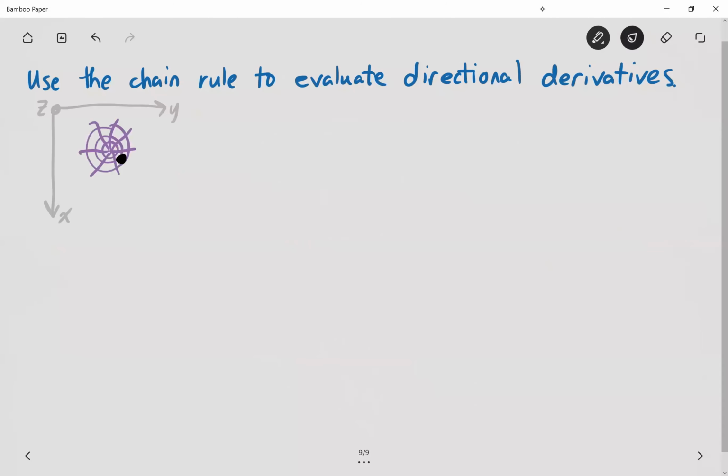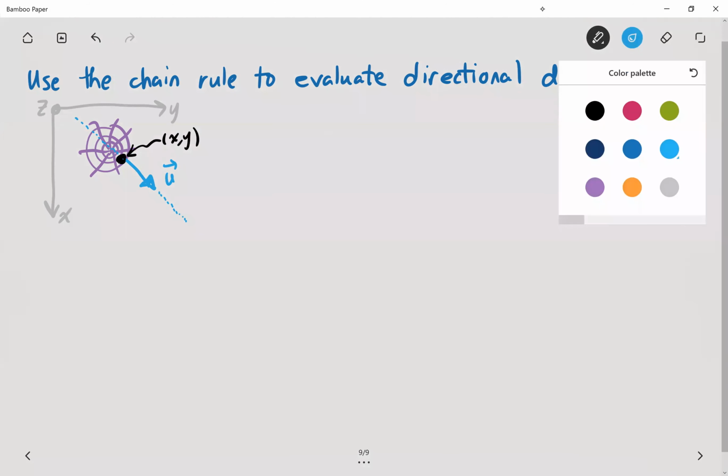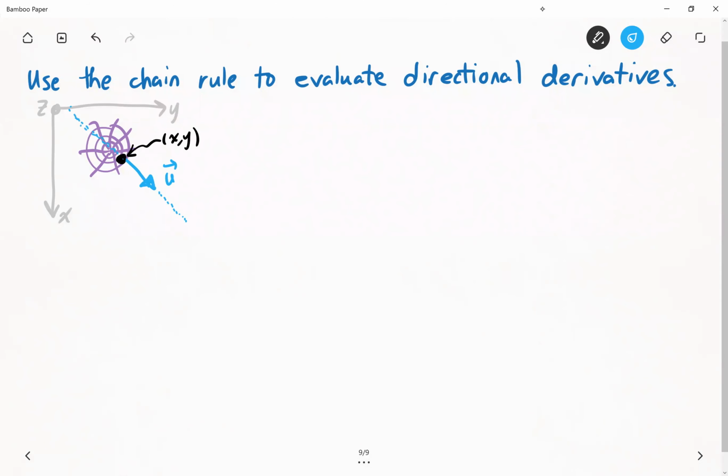All right, so starting at this point, right, we're traveling along this vector, along the vector u. We can also think of that vector u as part of a longer line that passes through the point xy that we're particularly interested in. And so again, we can think of, right, the derivative is calculating the change in this function as we travel along the line through the point xy in the direction of u.